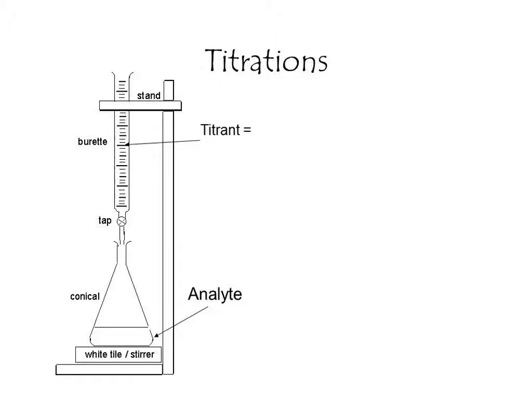Now, in order for us to do titrations, this is the typical setup you'd see, where you will have the stand right here, and the stand is holding up the burette. And the spout of the burette is inside an Erlenmeyer flask that has your analyte, or your solution of the unknown concentration that has the indicator.